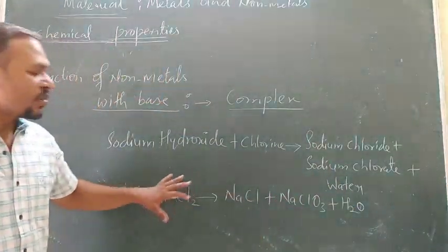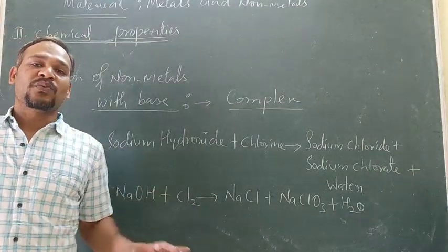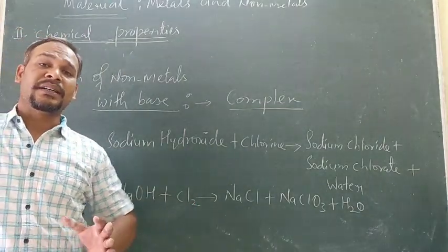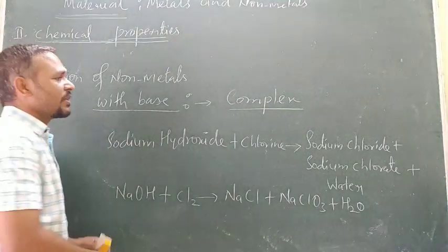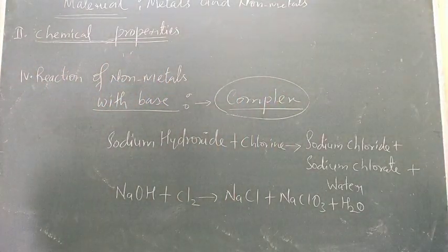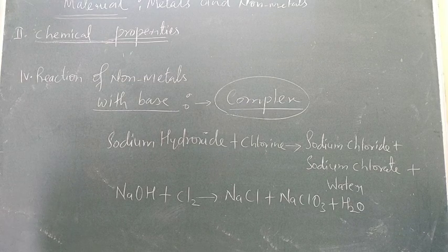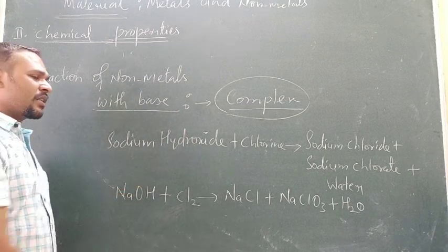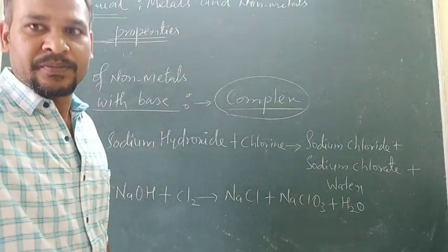So this is a complex reaction for you people in the 8th standard. That is why you can simply mention that reactions of non-metals with base are complex. Or if you want, you can note down the example also.